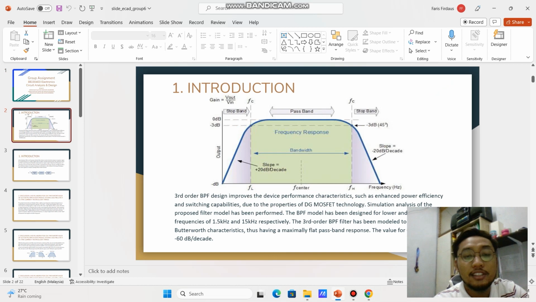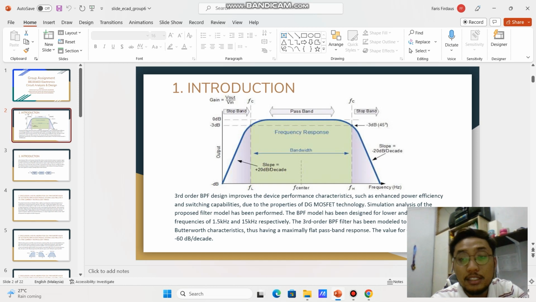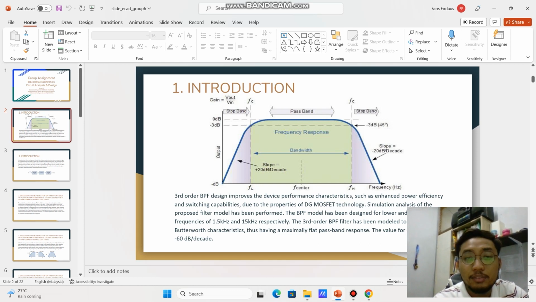So for introduction, we use a third order bandpass filter that is designed to improve device performance characteristics such as enhanced power efficiency and switching capabilities, due to the properties of DG MOSFET technology. Simulation analysis of the proposed filter model has been performed.